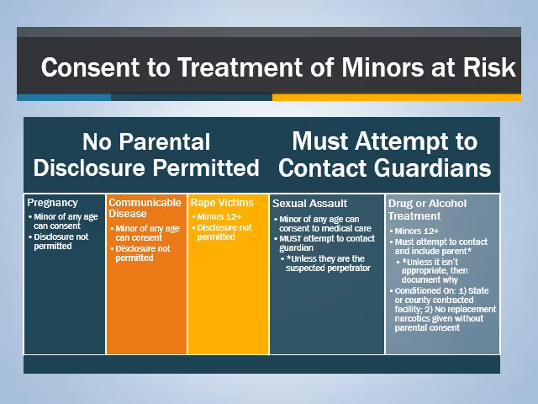And with minors that are consenting to their own drug and alcohol treatment, this is conditioned on a few things. This doesn't just happen willy-nilly anywhere. This probably for the most part doesn't happen in a private practice.